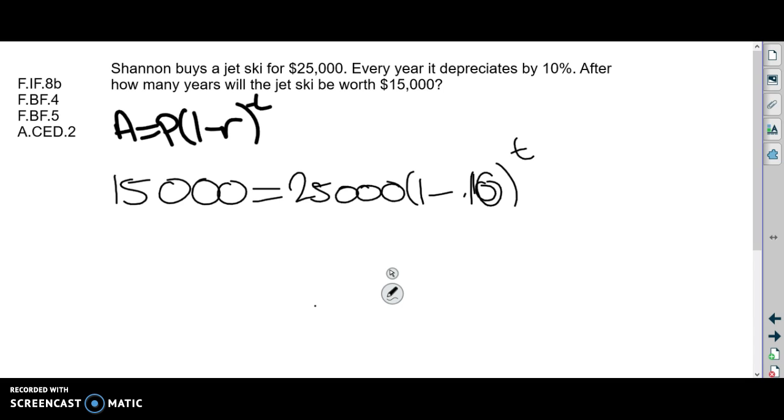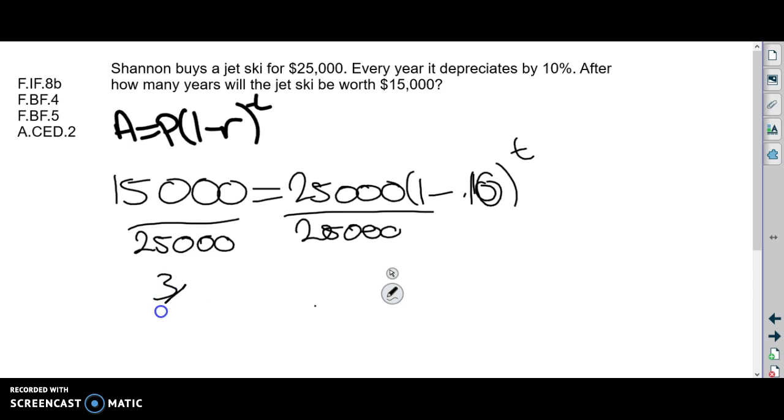So what we're going to do is divide both sides by 25. So now over here, we have 3 over 5 equals 0.90 to the power of t, because 1 minus 0.1 equals 0.90.